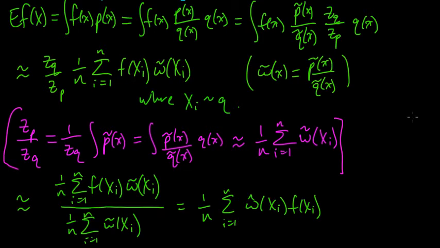So let's write down what we got. We got the following approximation. This was two Monte Carlo approximations: the first one for this integral, and then another Monte Carlo approximation for this ratio of normalizing constants.